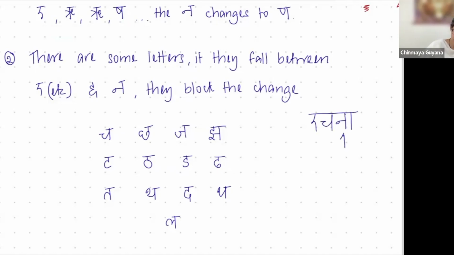This n, will it change to the retroflex n according to this rule? There's a r, so it should change. Correct? But there is also a ch, and the ch blocks the change. So if there's a ch, it will not let the n change. It blocks the change, it stops the change from happening.